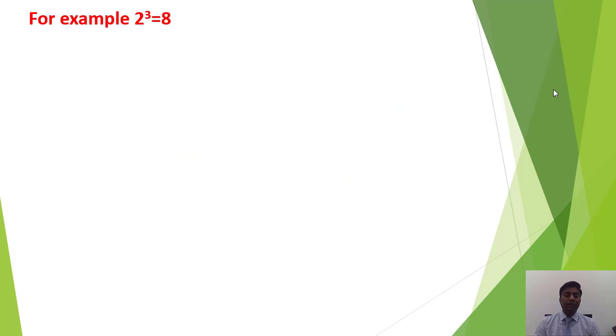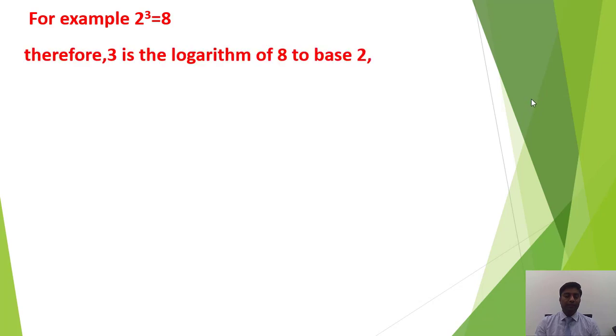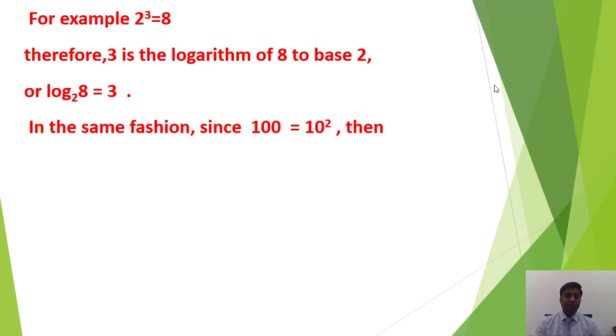For example, 2 raised to the power 3 is equal to 8. Therefore, 3 is the logarithm of 8 to base 2, or log 8 to the base 2 is equal to 3.